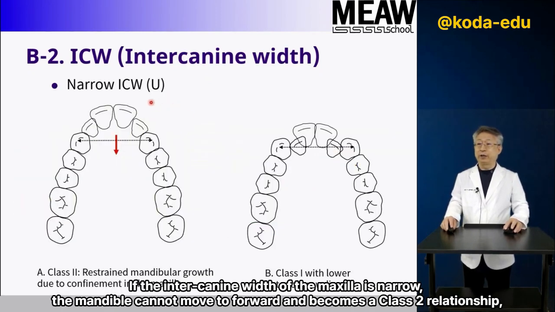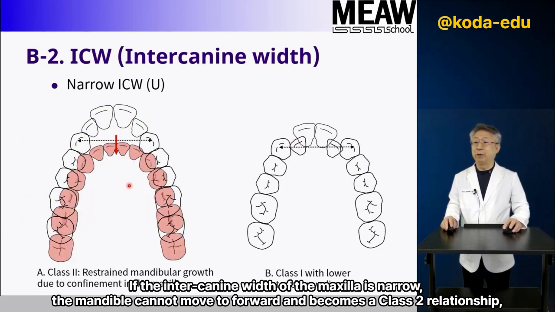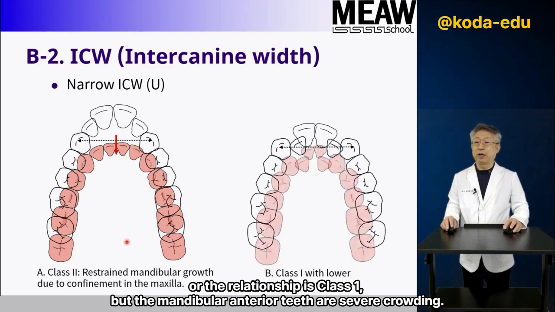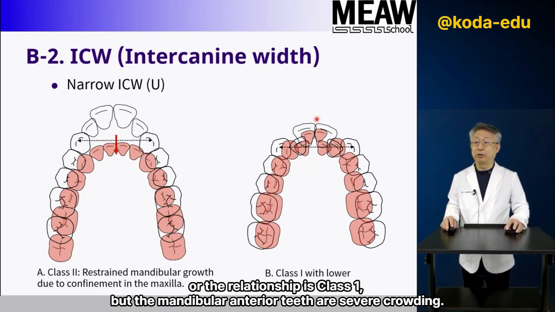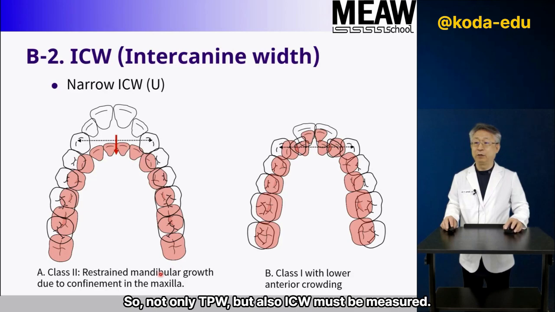If the intercanine width of the maxilla is narrow, the mandible cannot move forward and becomes a Class 2 relationship, or the relationship is Class 1, but the mandibular anterior teeth are severely crowded. So, not only TPW, but also ICW must be measured.